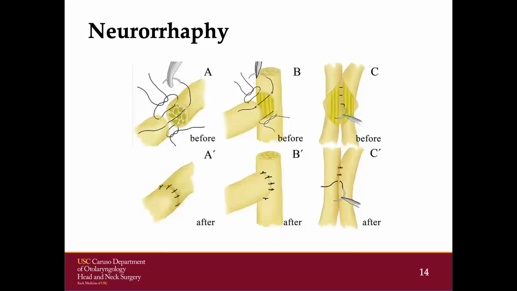There's also description of basically interfascicular nerve repair in the literature, which is basically repairing each fascicle individually. And this is notable in the nerve repair literature for extremities, but it doesn't really apply for facial nerve repair because depending on which segment of the facial nerve you're in, there may only be one or two fascicles.